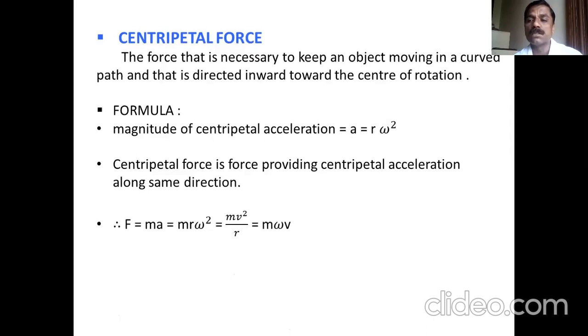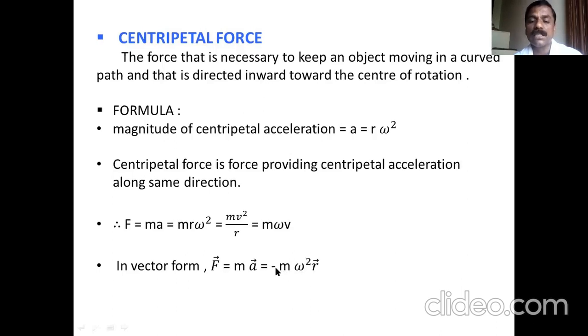So we know Newton's second law, force is equal to mass into acceleration. So we can put this value in this simple formula. So force will become F is equal to ma, that is m r omega square, or m v square upon r, or m omega into v. You can put all these values by taking the relation v is equal to r omega. In vector form also we can write this equation, F bar is equal to m a bar, which is equal to minus m omega square into r bar.